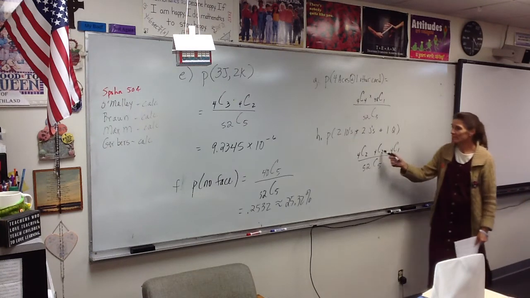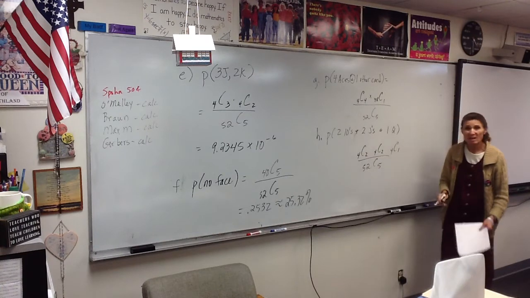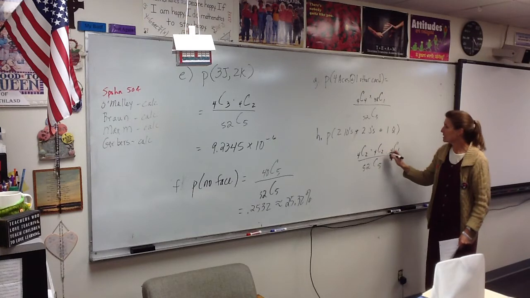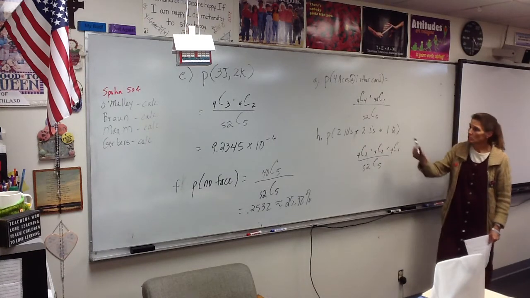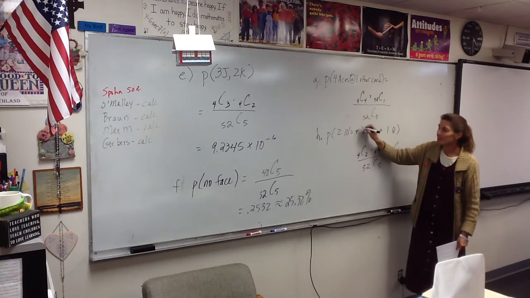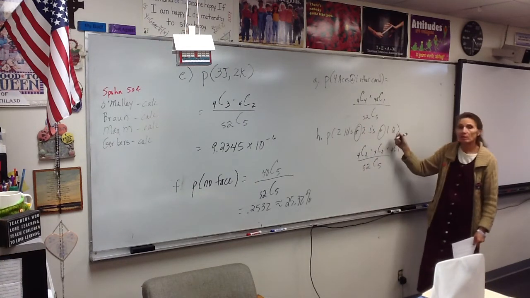Now what do I do with these 3 numbers? Here's my 2 10s, my 2 jacks, and my 1 queen. What do I do with those 3 numbers? If you said multiply, you are right. Because what's the key word in the problem? 2 10s, and 2 jacks, and 1 queen.